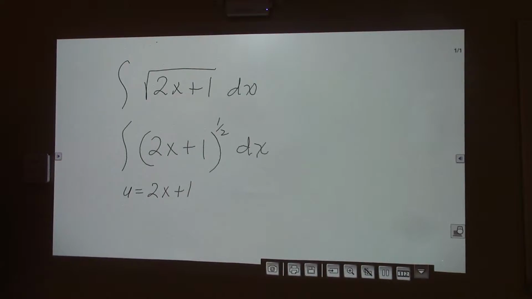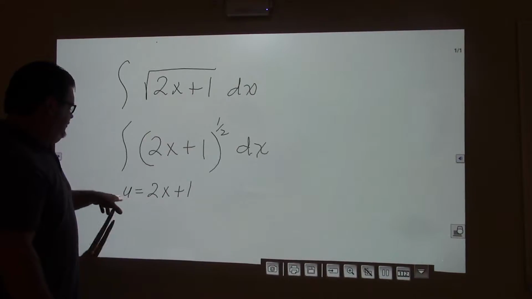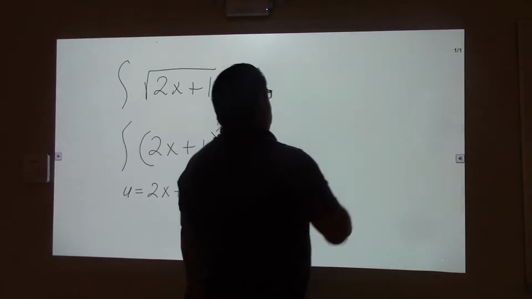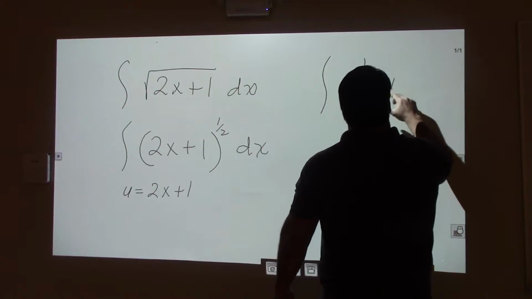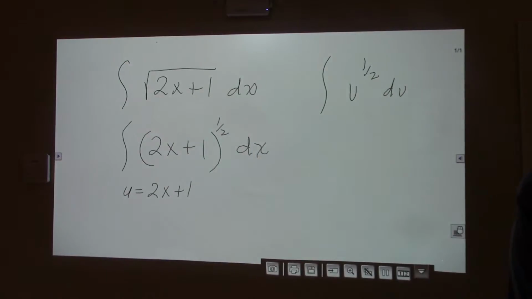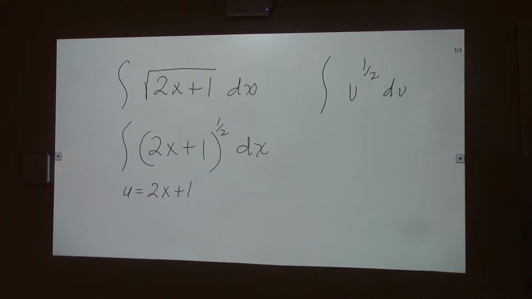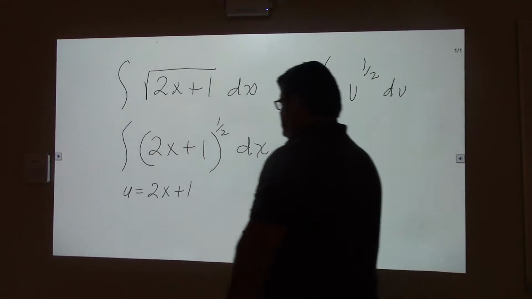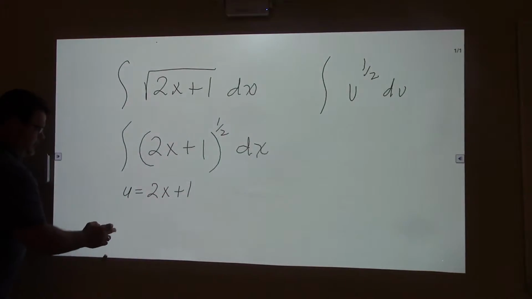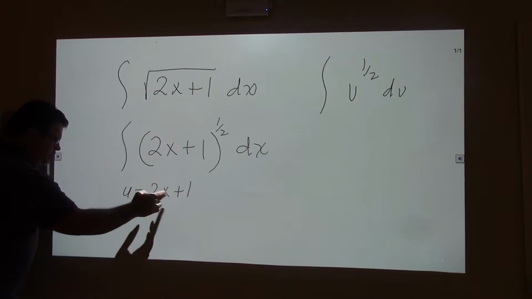Now that I've written this, I can rewrite this as the antiderivative of u to the 1/2 power du. Now, it's easy to take the antiderivative of this, but what is du? Well, take the derivative of this guy. u is equal to 2x plus 1.